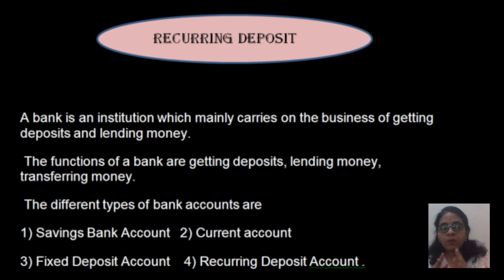Say you are fixing 50,000 rupees for 1 year, that is 12 months, and there is some necessity and you want to withdraw the 50,000 from the bank, which means you have to end your fixed deposit account.